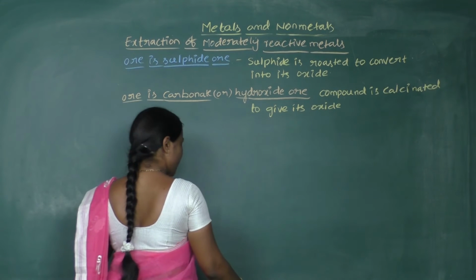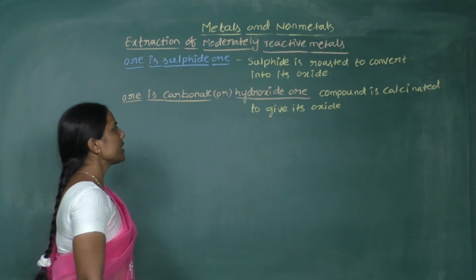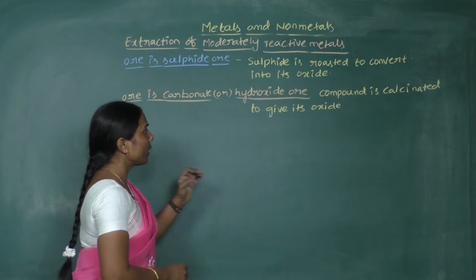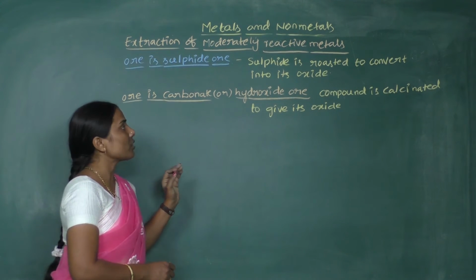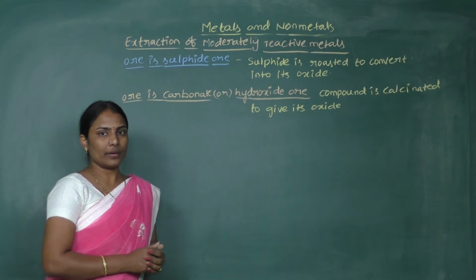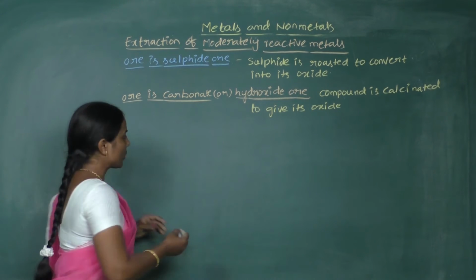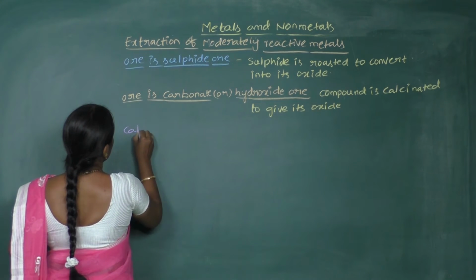About roasting, we already discussed in the previous classes. Roasting is heating of metal sulfide in the presence of excess oxygen to convert it into its oxide. Now calcination is similar to roasting.